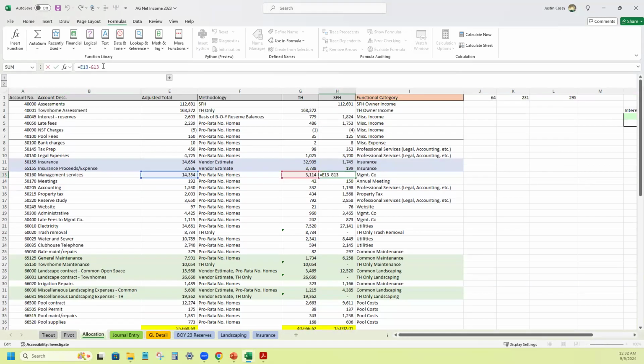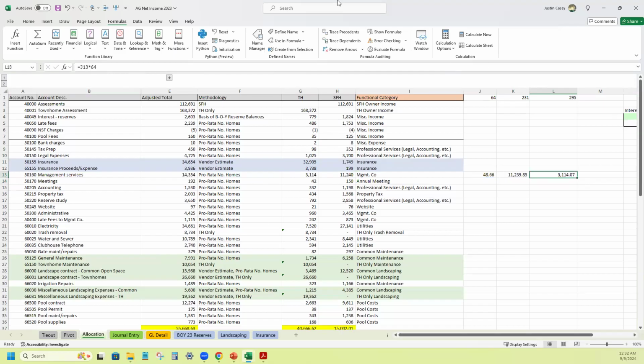And then we subtract the total minus the portion attributable directly to the townhomes, and we get the rest of it. And so said another way, we have this times 295 times 231, and that's how much a single family homeowner pays.